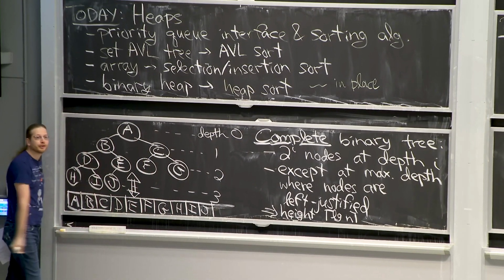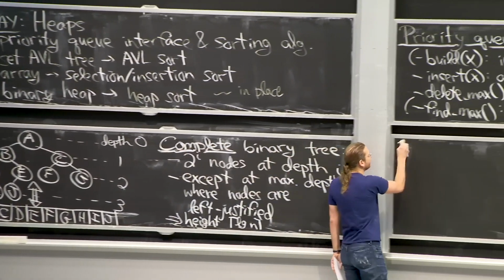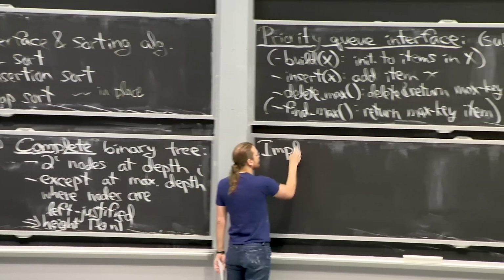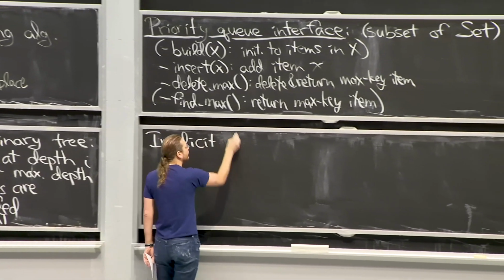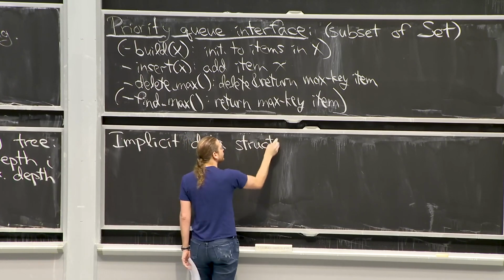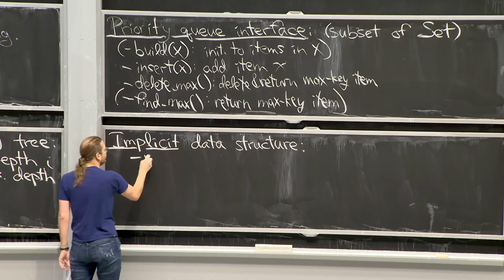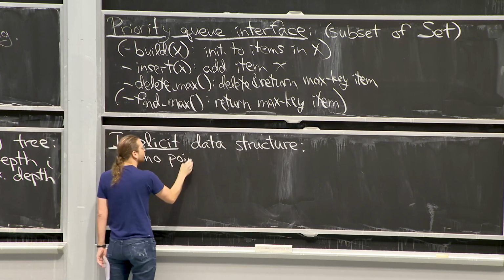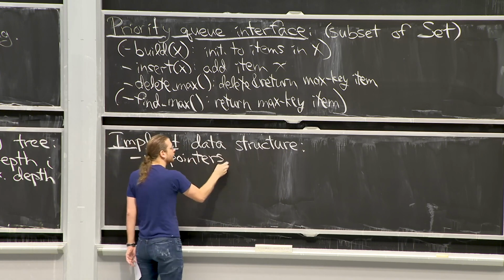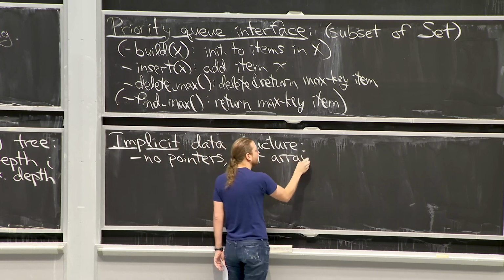We're just going to store the array. This is what we call an implicit data structure. Which basically means no pointers, just an array of the n items.